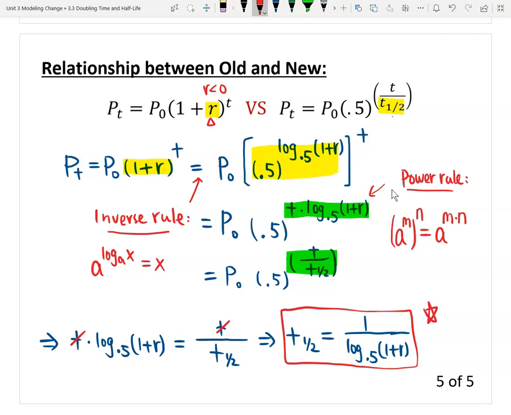That's the result, which means if we know one, we can definitely find the other. If we know the decay rate, we can find the half-life. If we know the half-life, we can find the decay rate using this formula. Okay, that's all. Thank you.